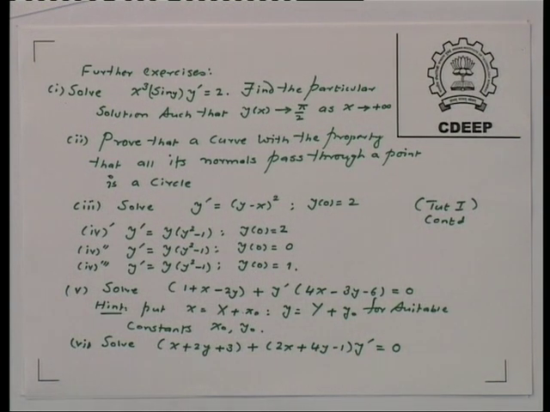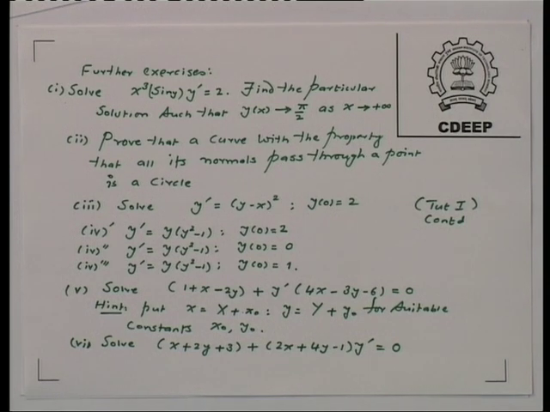Some of these are quite interesting. The first one says solve x cube sin y prime equal to 2 and find the particular solution such that y(x) tends to pi by 2 as x tends to infinity. When you solve the differential equation, there will be a certain constant C, a constant of integration, in the general solution.